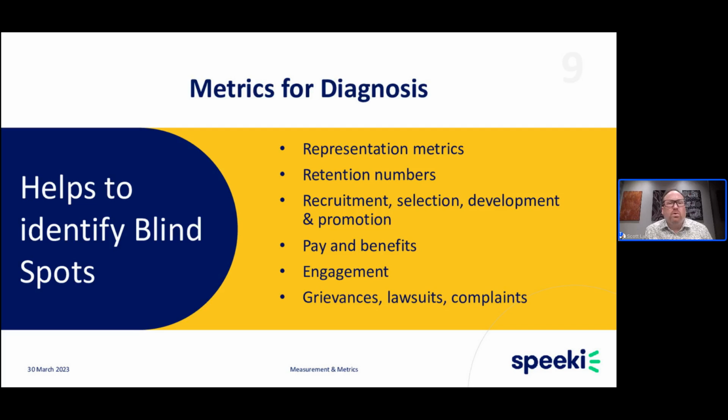The point of all of these metrics is that they're there to reflect a statement of fact, a baseline, a true position. Now, what do these metrics tell you? They enable you to diagnose blind spots. That's what they're there for. So if you're looking at a particular metric that says you're 70% male, but 30% female in your workforce, that metric might tell you something.